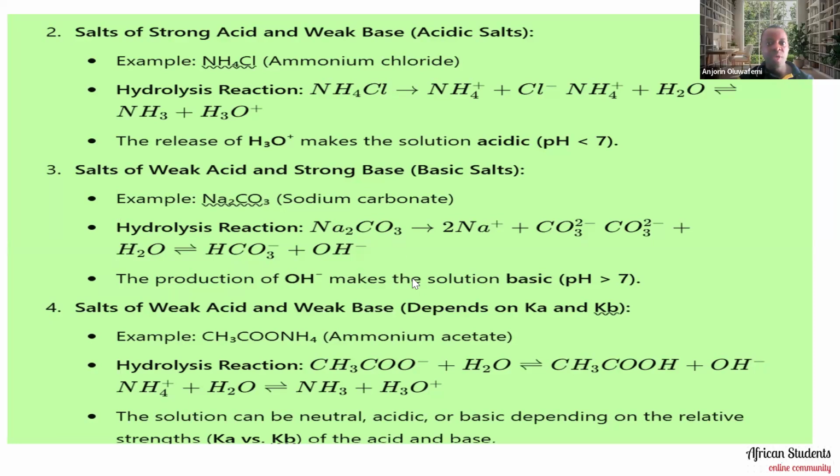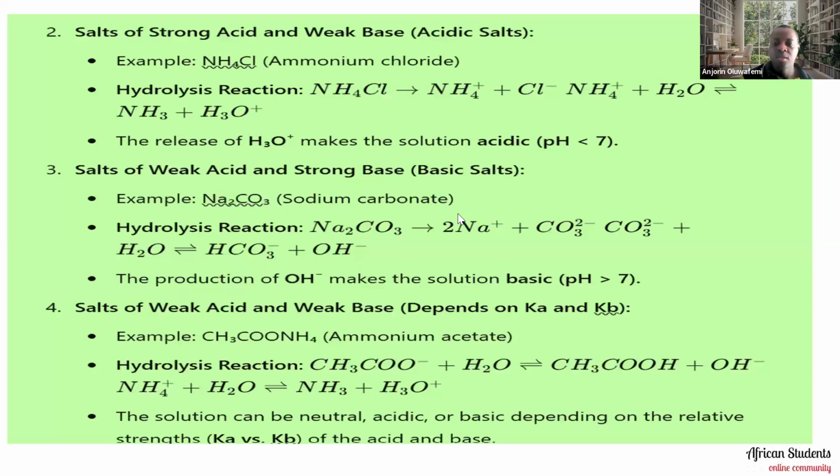Based on hydrolysis, also we can have basic salt, which is formed from the salt of weak acid and strong base. We can also have salt of weak acid and weak base, and that depends on the Ka and the Kb. So we can have all those types of salts based on hydrolysis.